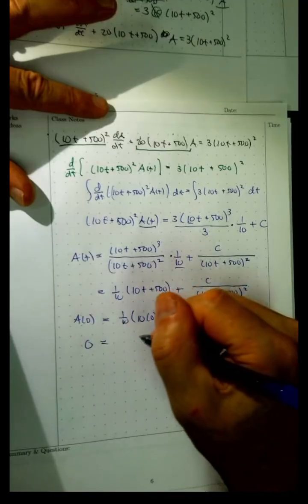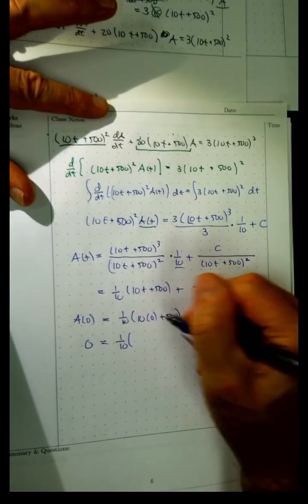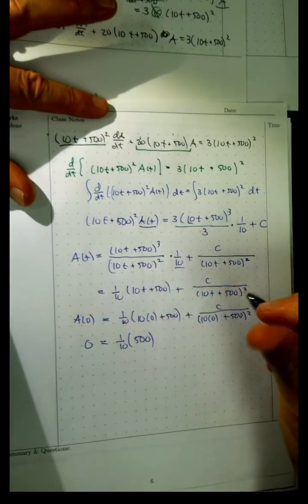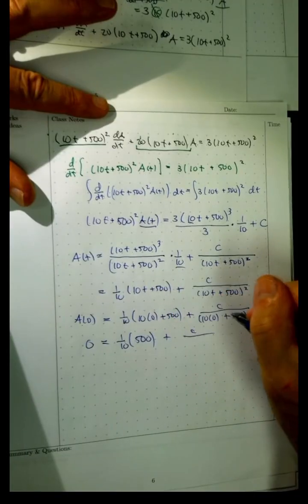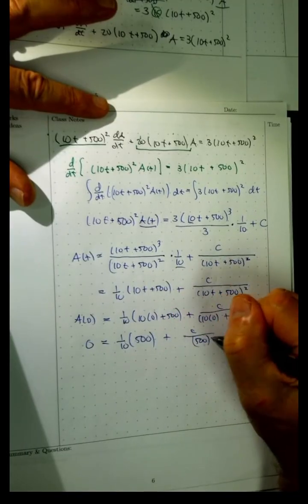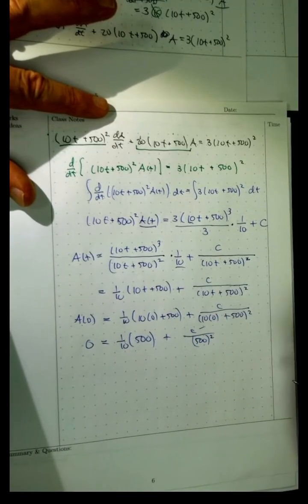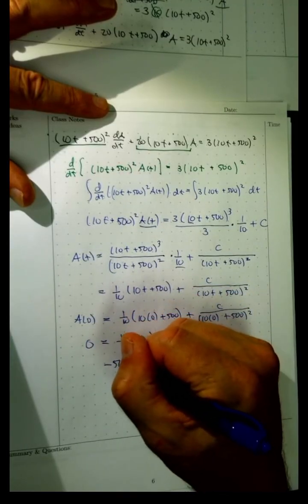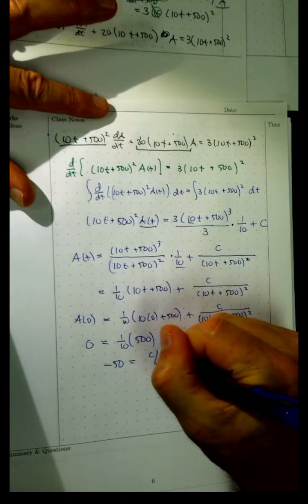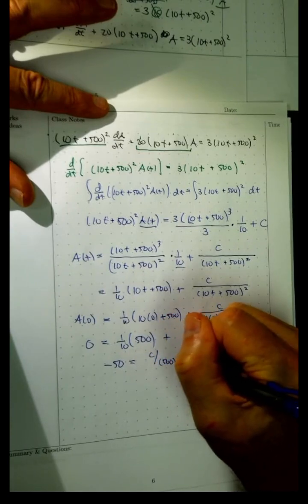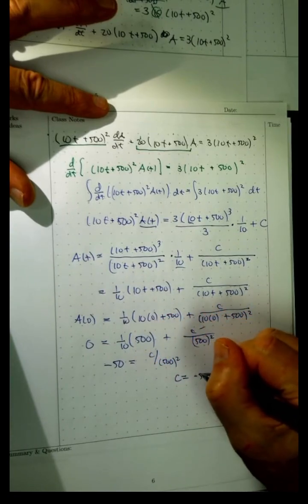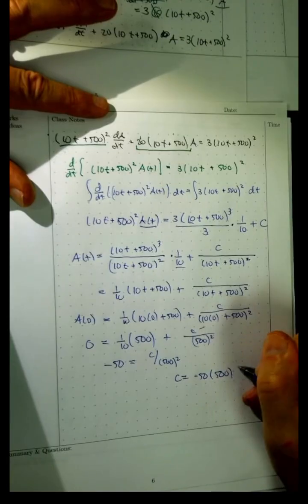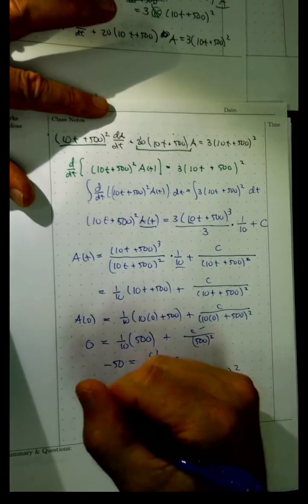A(0) is 0. 10 times 0, so I'm left with 500 there. And in there I'm left with 500 squared. And my goal is to find the C. So this is 50. I subtract 50 from both sides. So C is minus 50 times 500².